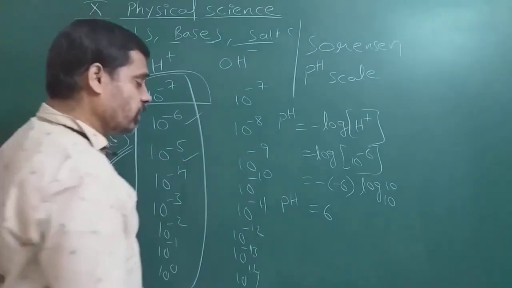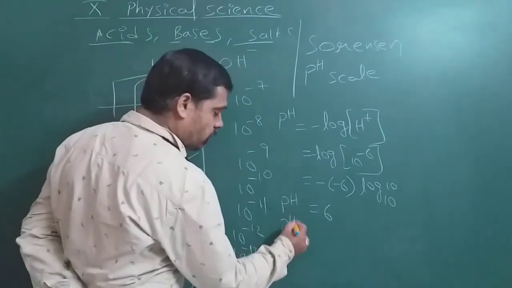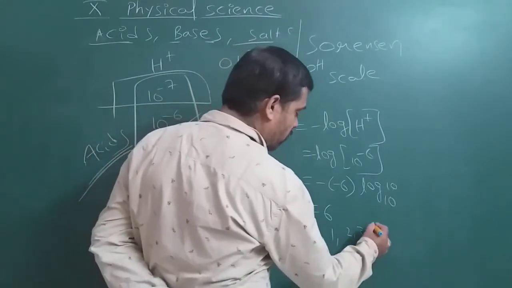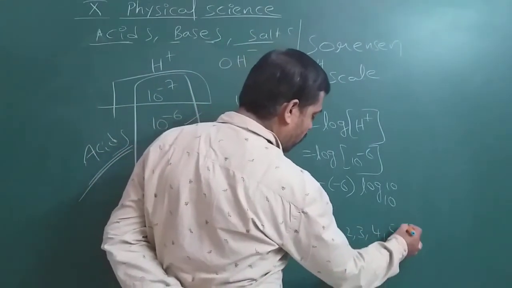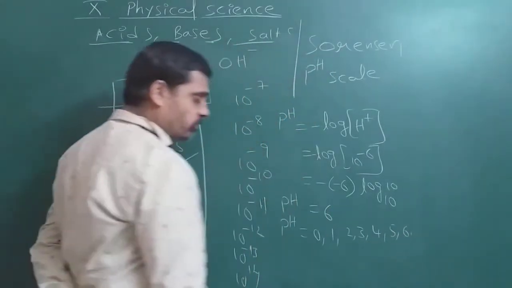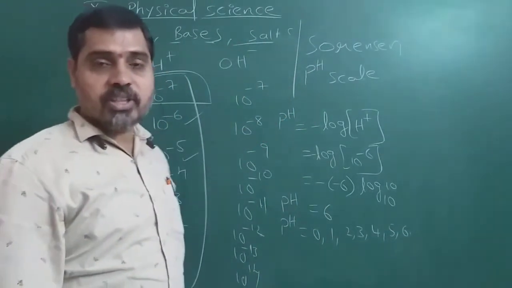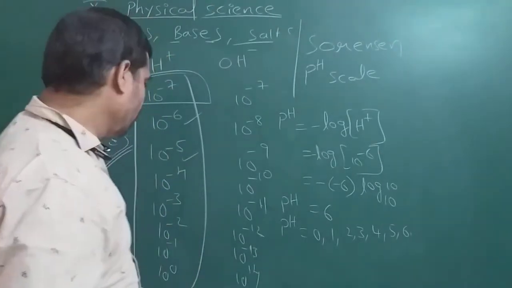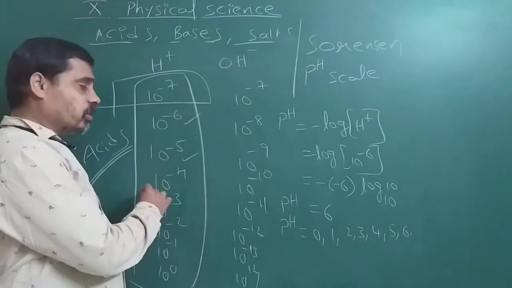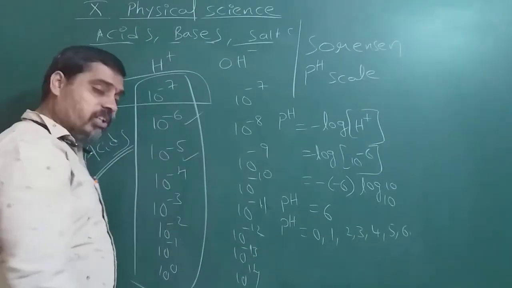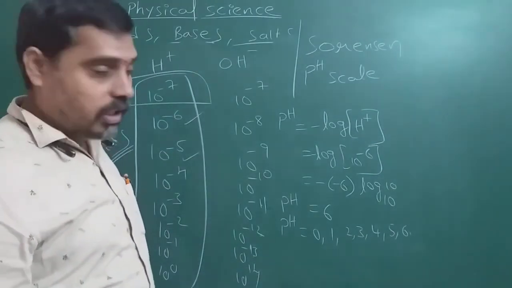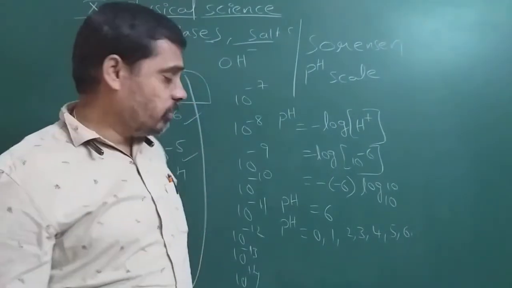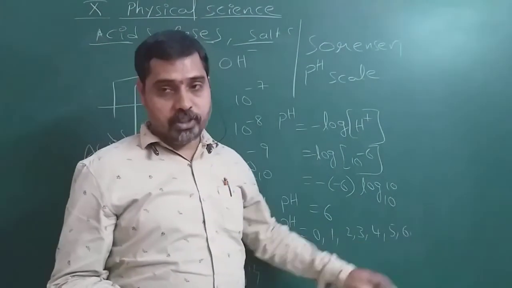That means if pH values are 0, 1, 2, 3, 4, 5, 6, then we call those solutions acids. In that way, we can find the pH value of a given H plus ion concentration solution, and after finding the pH value, we will know whether it is an acid or a base.